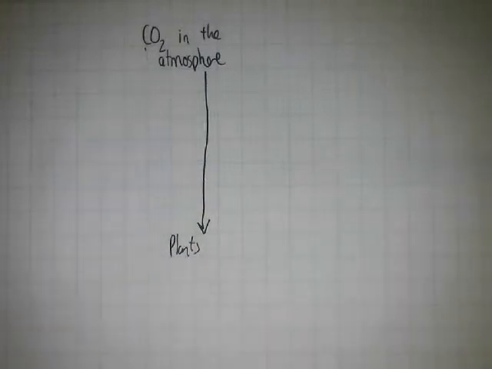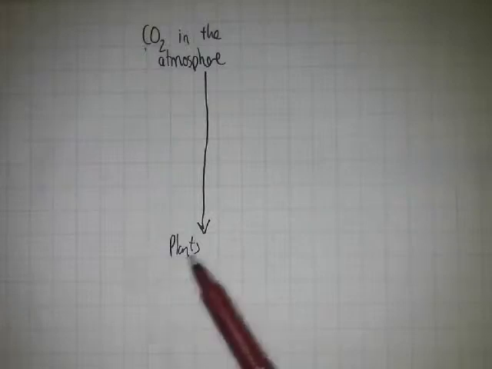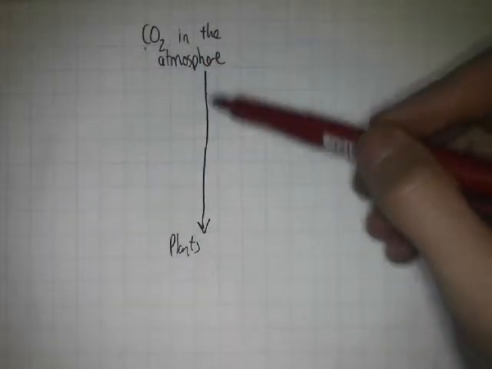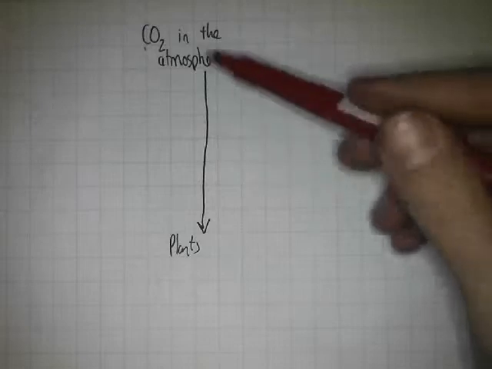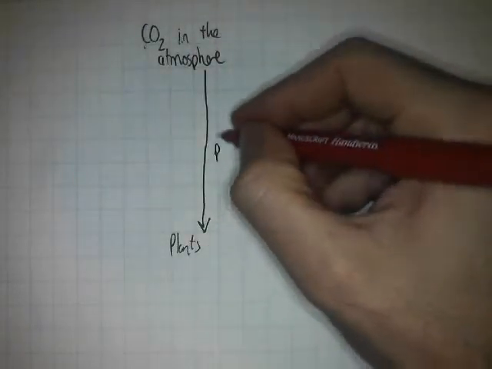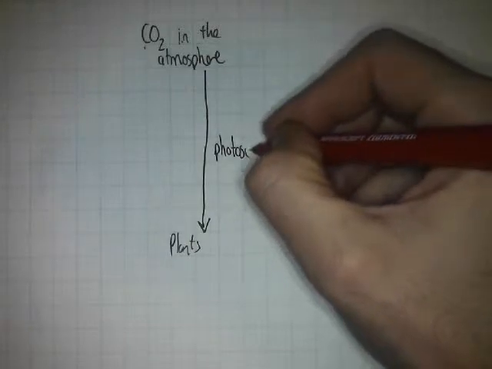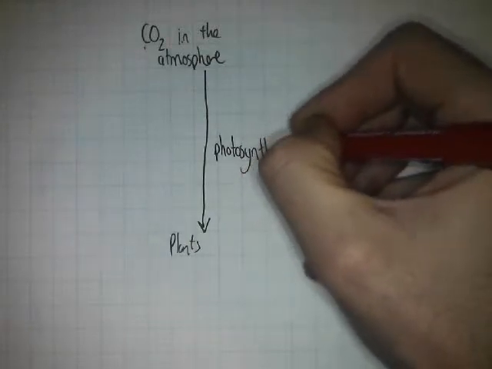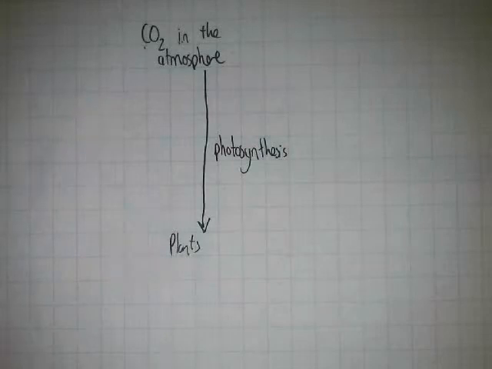For this carbon cycle, you've got to remember there's two different things: things and processes. For each arrow, you need to write a process on. So how does carbon dioxide get into plants? Well, it does it by the process of photosynthesis.